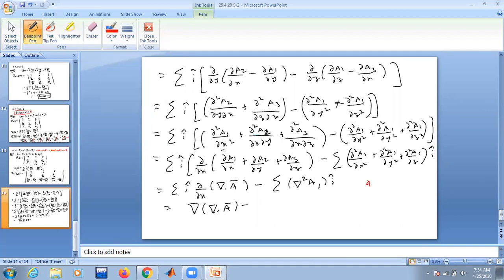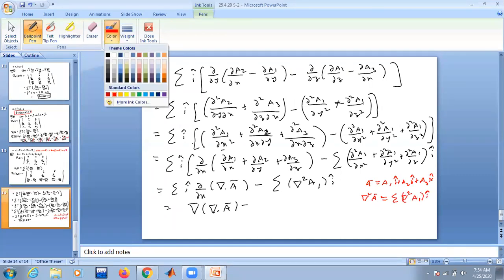If a bar equal to a1 I bar plus a2 j bar plus a3 k bar, then what is del square a bar? Component wise del square, I said, right?